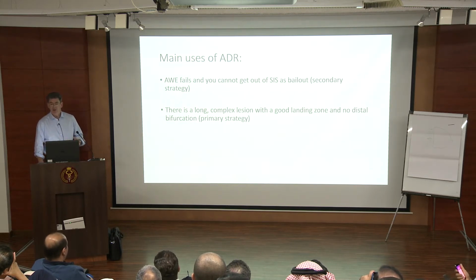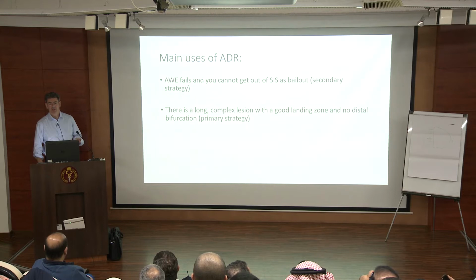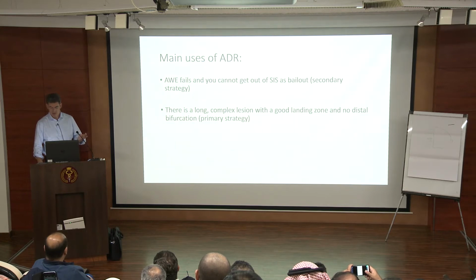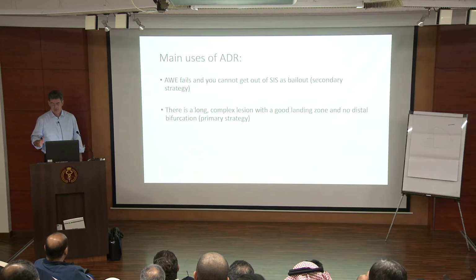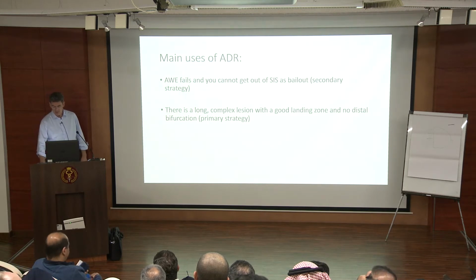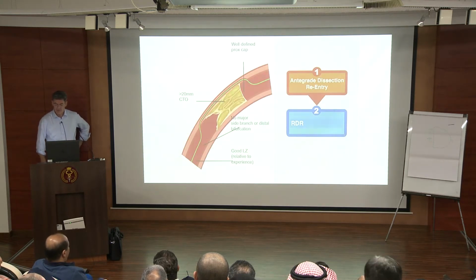When there is a very long and complex lesion, and we understand now when we're assessing these four components of CTO lesions, the cap, the lesion length, the interventional collaterals and the target, when you have a very long and complex lesion, but there is a good landing zone, you've got a target to aim for, there's no distal bifurcation, then ADR can be used as a primary strategy.